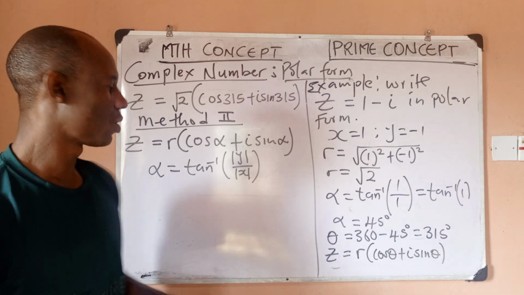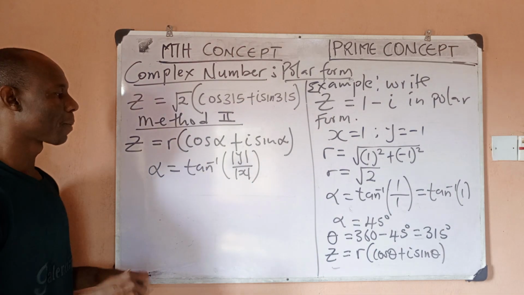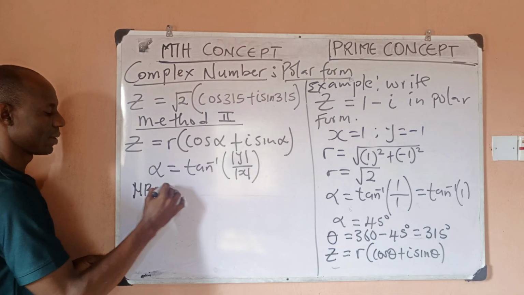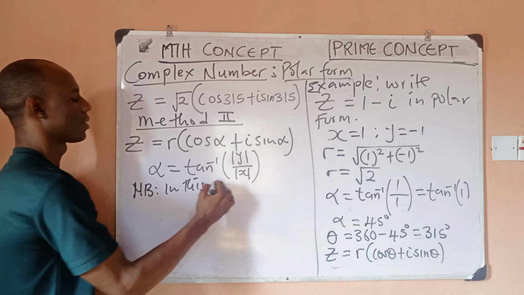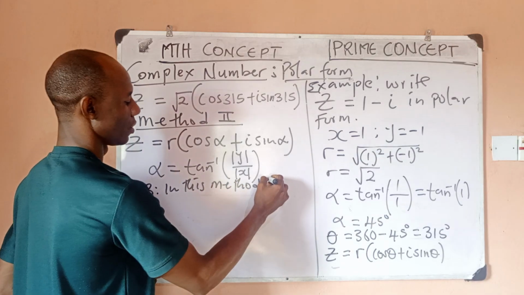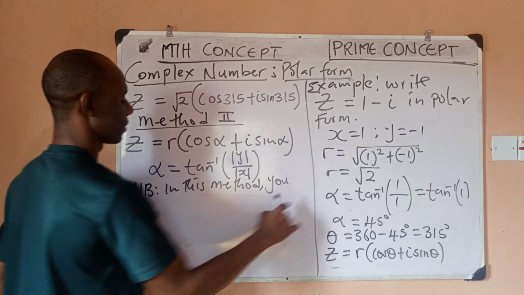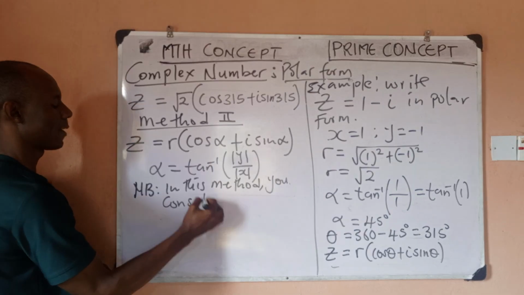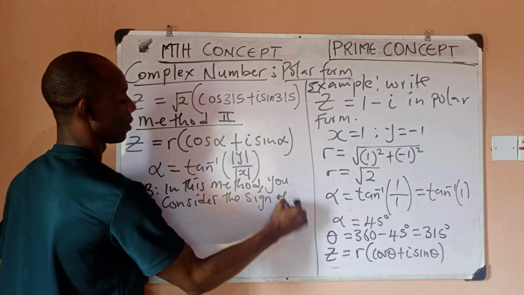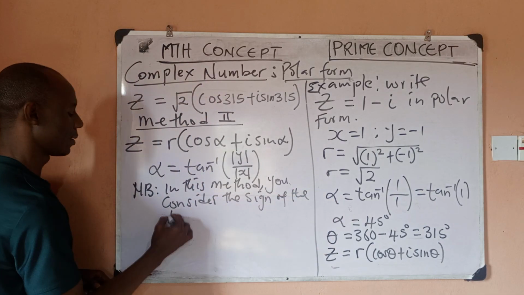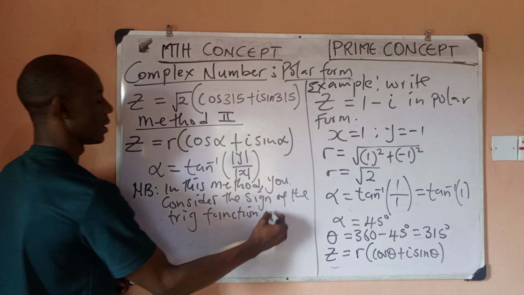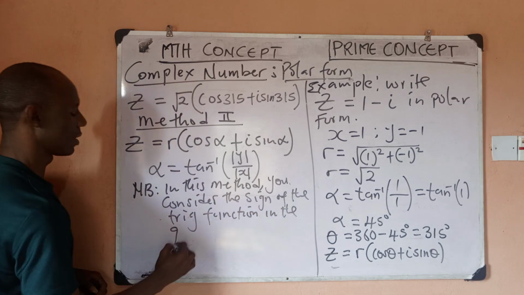But one of the things you want to consider when you are using alpha is, you note, in this method, you consider the sign of the trig function in the quadrant.